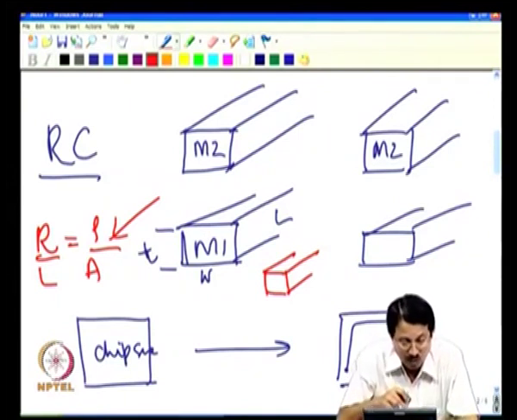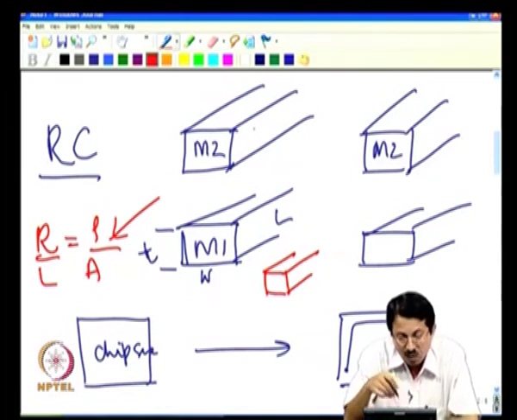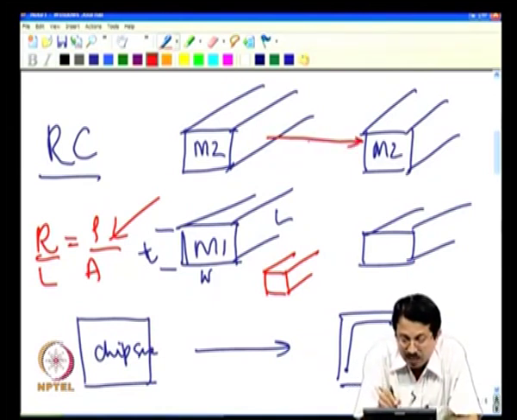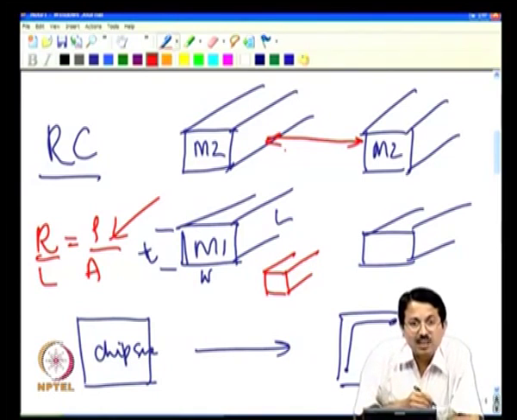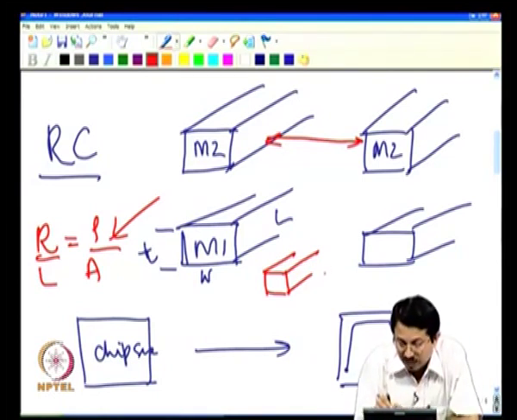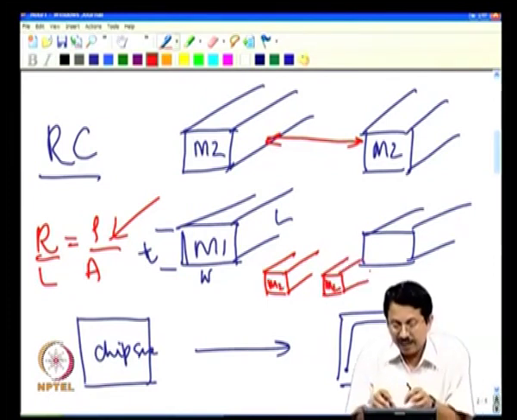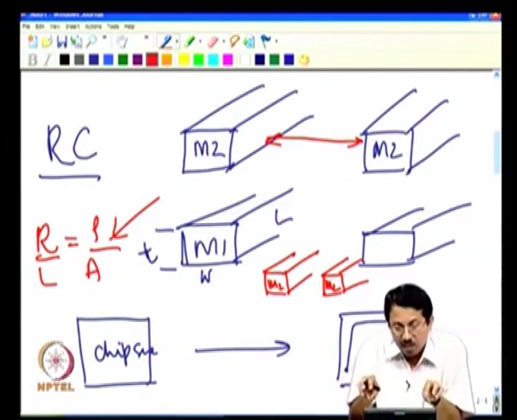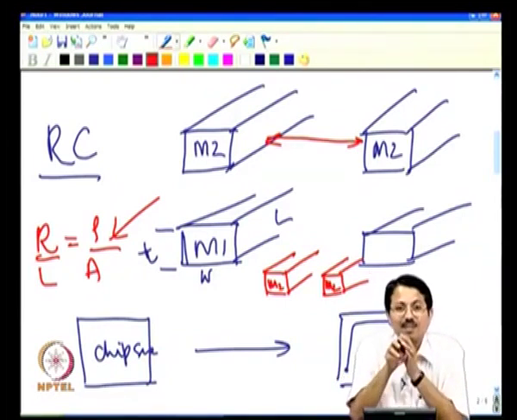Yes, the so called parallel plate capacitance or intermetal capacitance indeed goes down, but there is a more serious issue, and what is that? I am also decreasing the distance between the two metal lines in the new generation of the technology. So, the new generation of the technology has M2 lines which were far apart have been brought very close to each other.